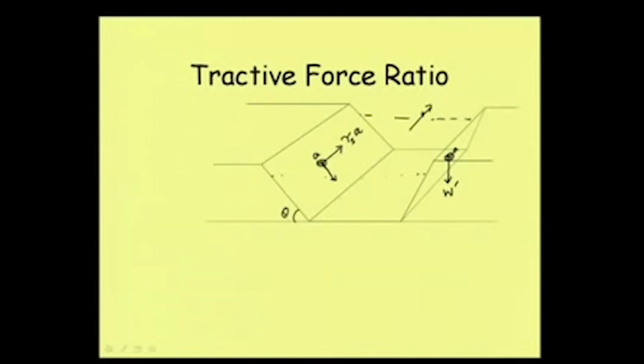One is the tractive force, which is tau s into A. Another is the force that is trying to move it along the slope in the downward direction because of gravity, and that is basically the weight of the particle. We know that this angle is theta, between this line and that line. If I draw a normal to this particular slope, then this angle will be theta.